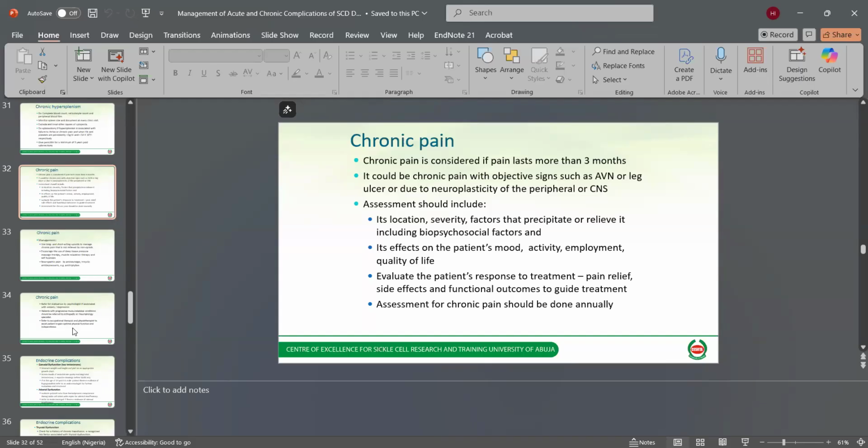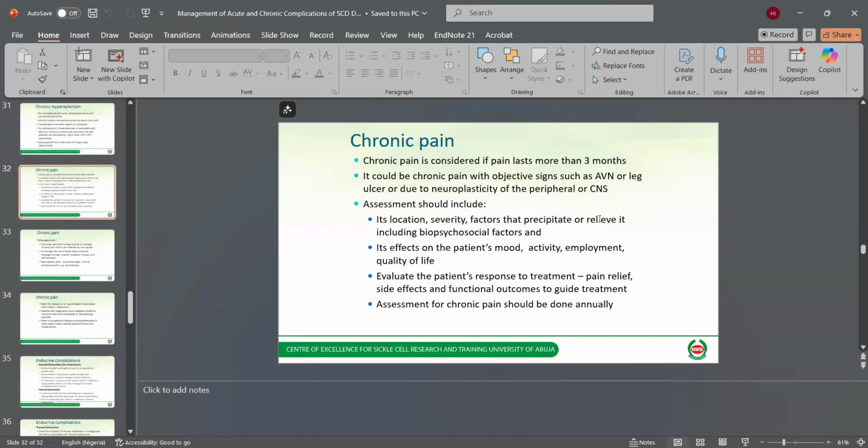So we need to assess that to know the kind of pain. Assessment includes looking at the location, severity, factors that precipitate or relieve it, including psychosocial factors, and its effect on the patient's mood, activity, employment, and quality of life.